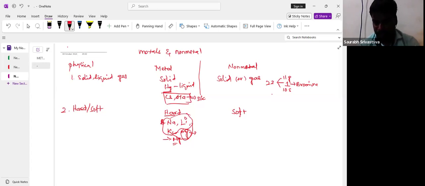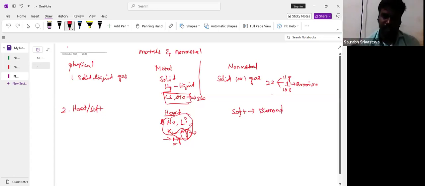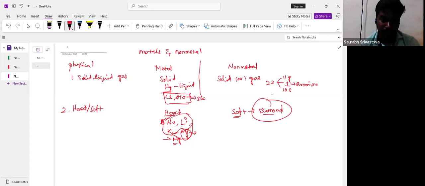Non-metals are generally soft, except diamond. Diamond is the hardest and is a rough substance. So in non-metals, diamond is the hardest. This is the exception. Except diamond, everything else is soft. Except these examples, the remaining metals are hard. This is the second property.